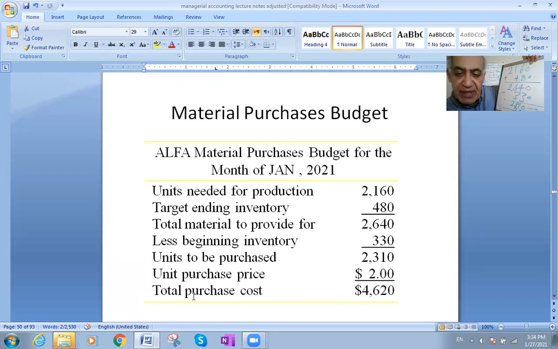So I will multiply 2,310 by $2, and this will give me the total needed for purchasing materials. The budgeted purchase for materials will be $4,620, which is here in front of you.